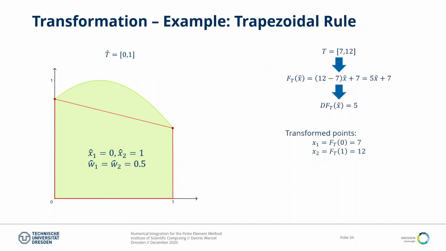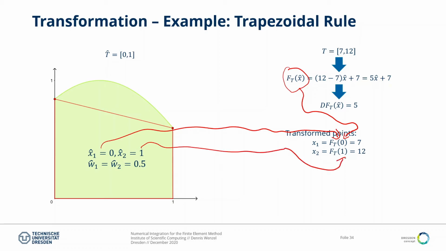And then let's look at our transformed points. We simply use this reference map and apply it to our original points. So I take this x hat 1, put it in here, that gives me 7. I take that x hat 2, put it in here, that gives me 12.